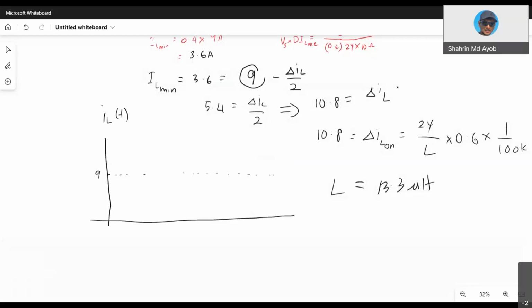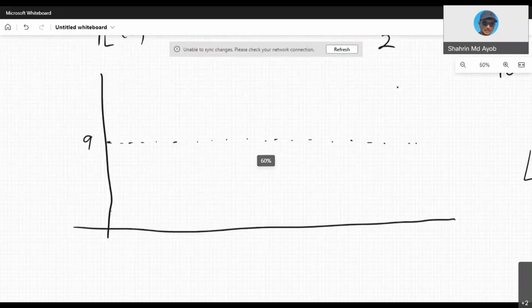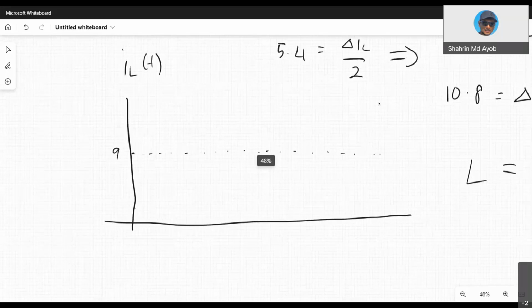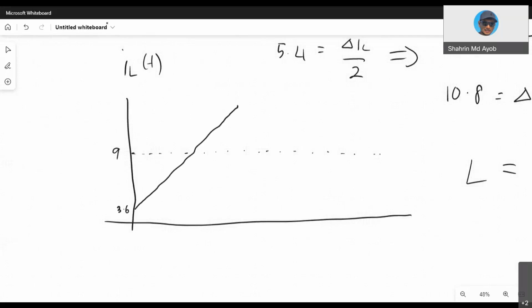Okay, and it will ramp from I minimum, which is the value that you have calculated, berapa tadi? 3.6. This is your I minimum. And then it will ramp to some maximum value, and then ramp down again to its minimum value again.